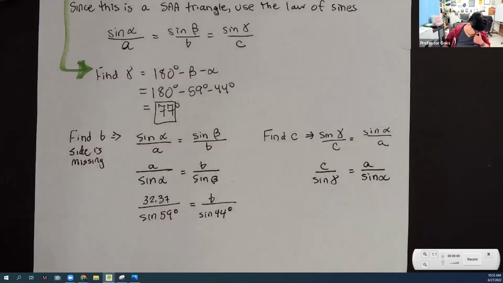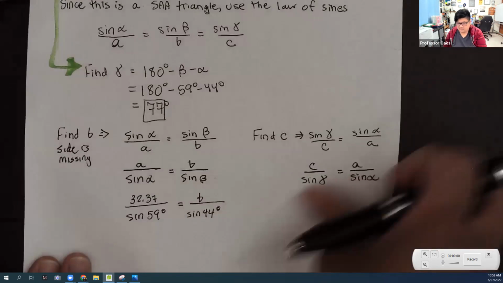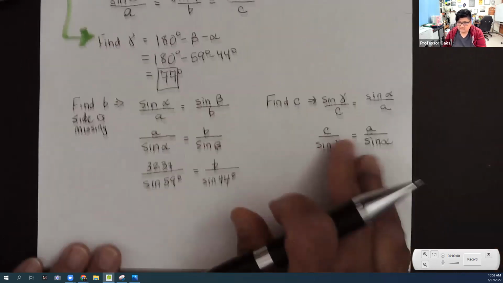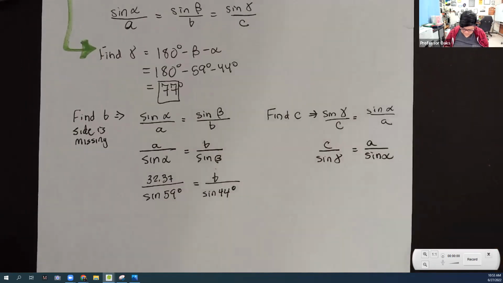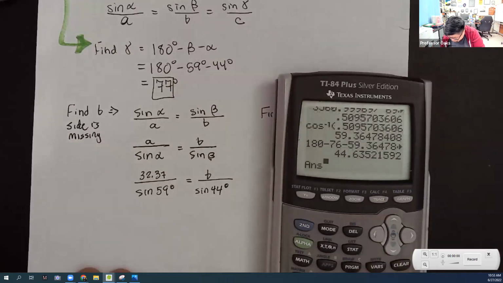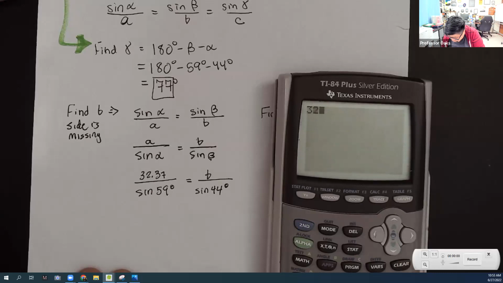Some people are okay with just multiplying by sine of 44. Some people want to actually do the calculations, and either way is fine.